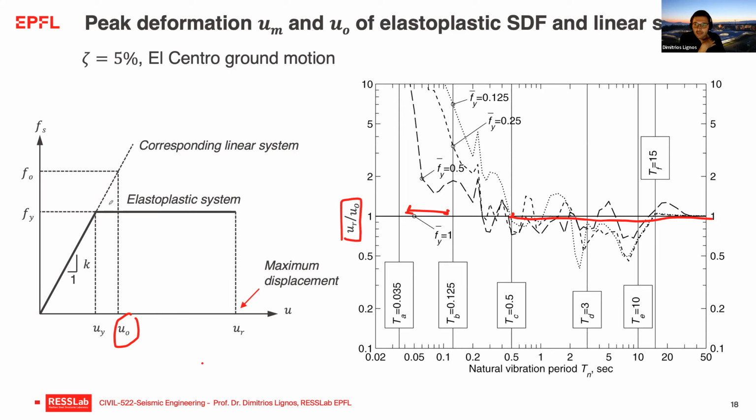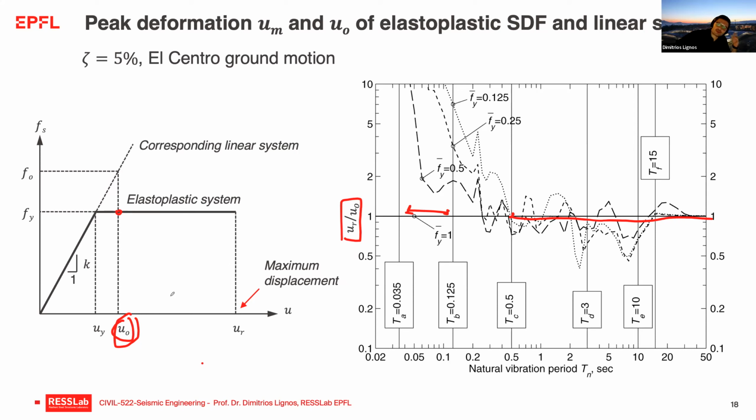So that would mean that you can apply what we call the equal displacement rule, where if you have a static model and you analyze it based on elastic forces, this model is going to give you U0. And if you have a nonlinear model and you know that your period range is above 0.5, you can basically assume that it will go to more or less U0.